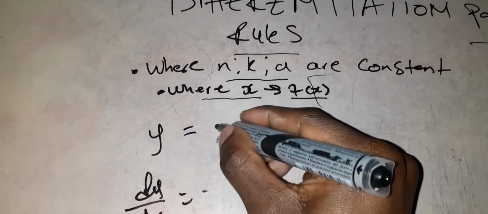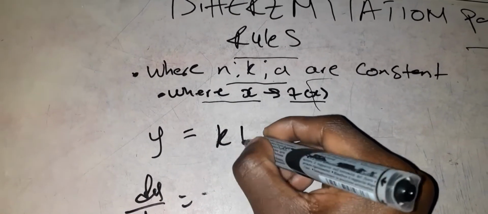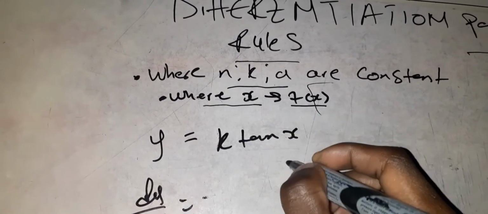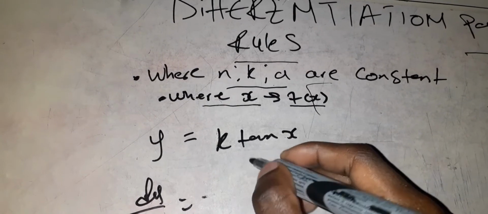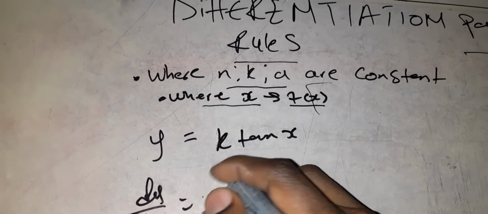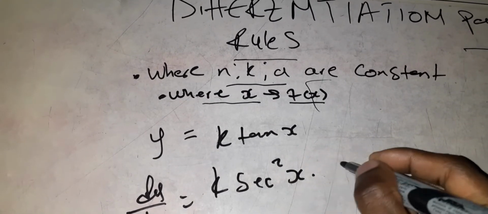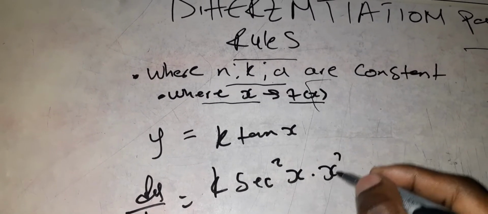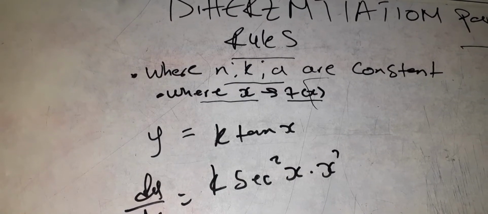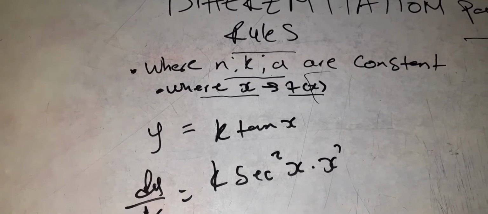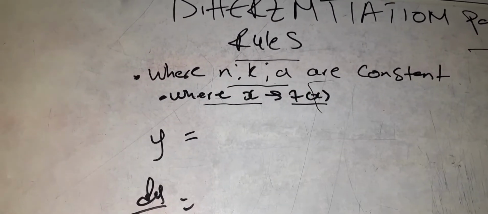Let's come to the derivative of tan. It's sec squared. So we'll have k sec squared x, then multiply by the derivative of x. Remember what I said, we are always multiplying by the derivative of x, which is your f of x.